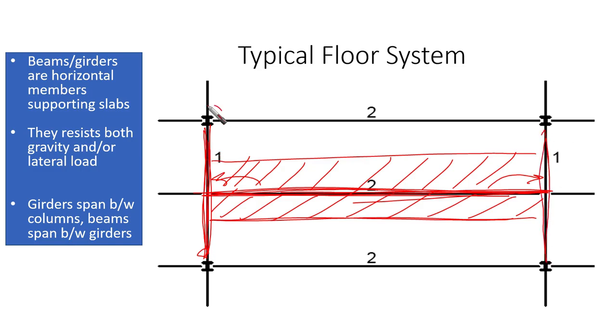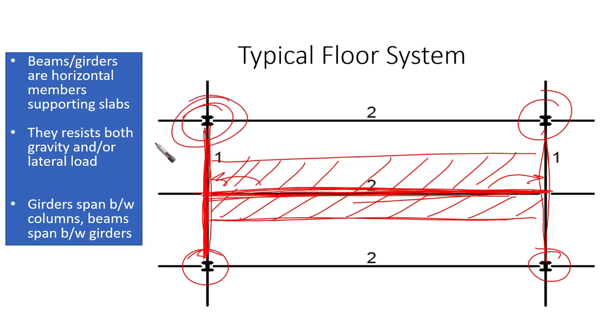And these girders are connecting between the columns. So we have secondary beams, and then we have main beams, we call them girders, which are connecting between the columns.